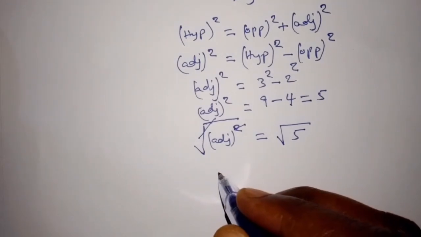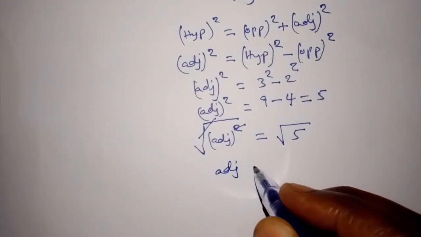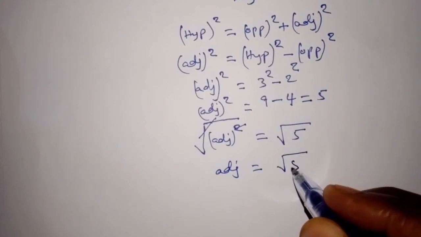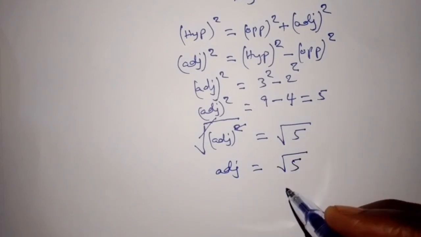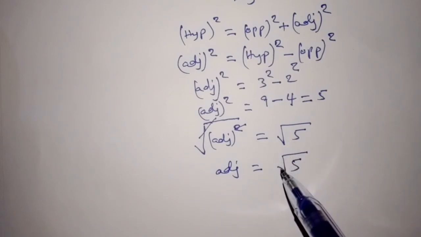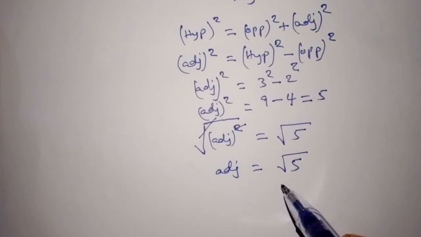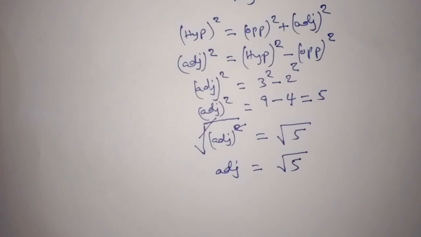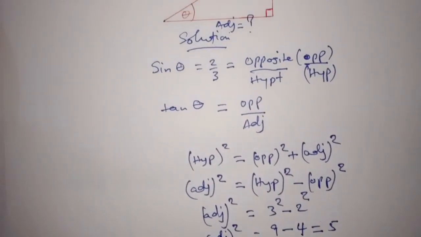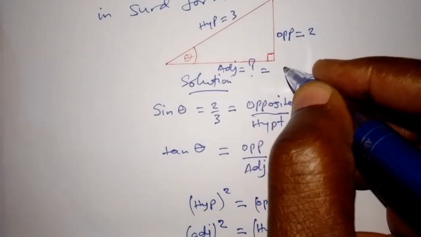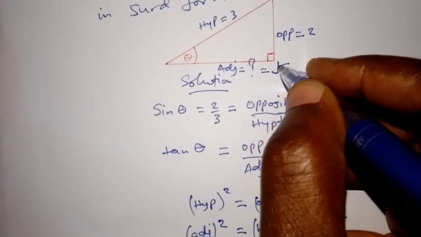So you can say that adjacent is equal to positive or negative square root of 5. But because we know that adjacent cannot be negative, we say that adjacent is the square root of positive 5. So our adjacent here is equal to square root of 5.